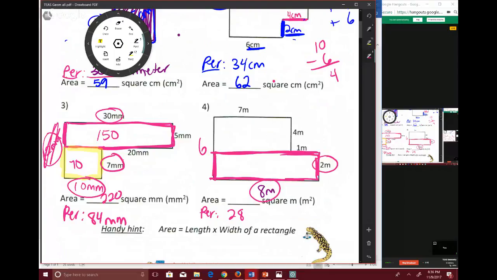Because the 1 we would only use if we made a little square over in that corner. So the 1 we don't use because of the direction we decided to go.